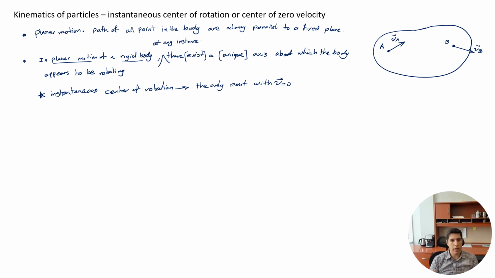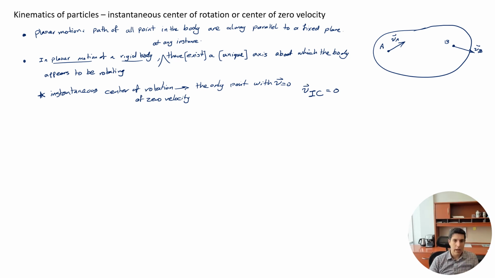Well, if the whole body doesn't move, all points are essentially instantaneous center of rotation, and all of them have 0 velocity. But if the body moves, that instantaneous center of rotation, or center of 0 velocity, is the only one that has 0 velocity. So IC, and V of IC is 0.